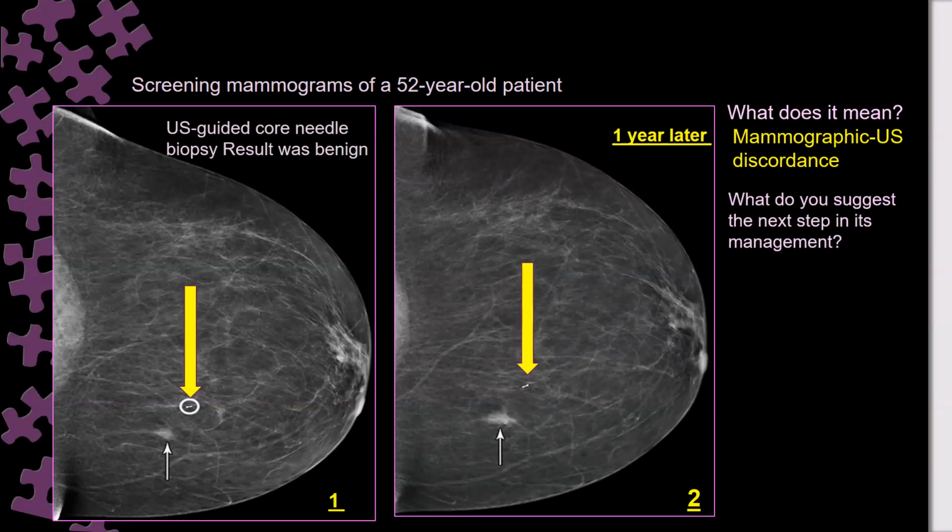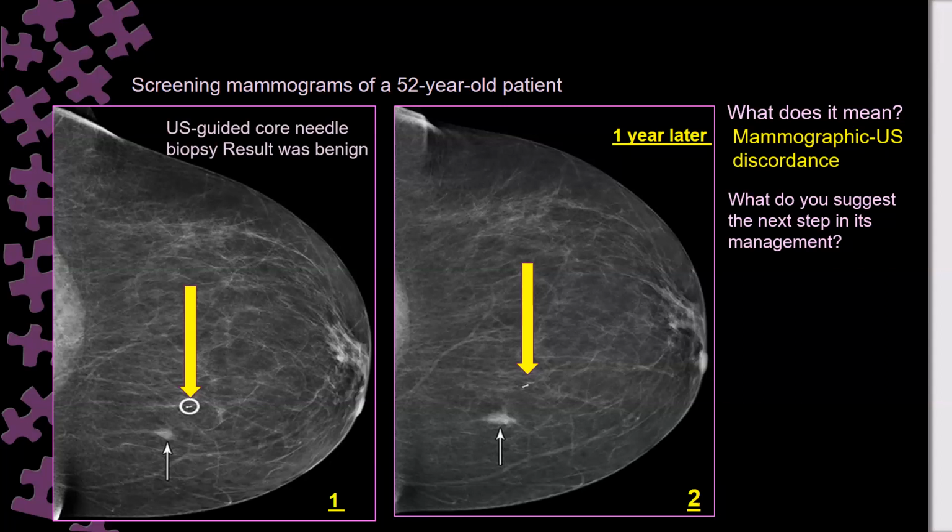So what do you suggest as the next step in the management of this case? Definitely, I will need the other views. I will complete the study. So diagnostic workup again, and also ultrasound.